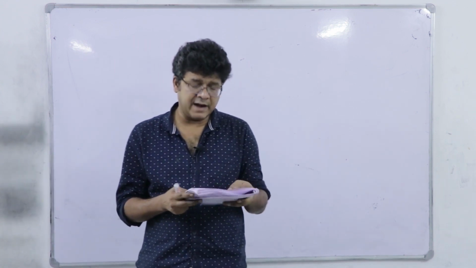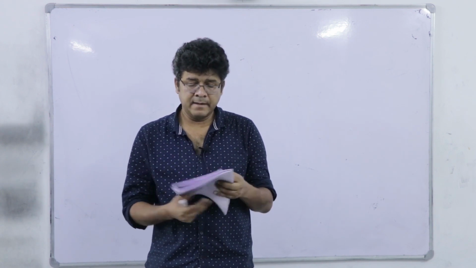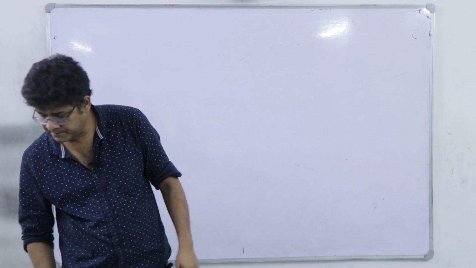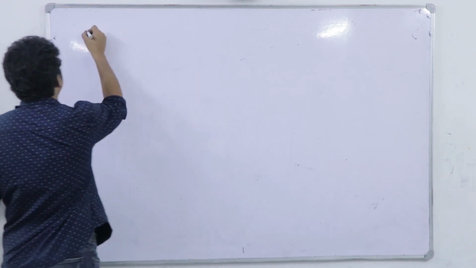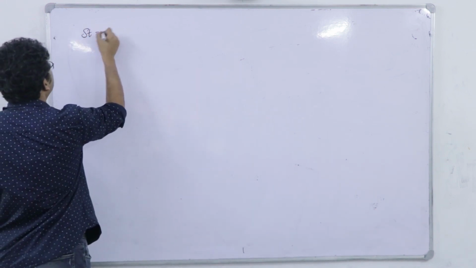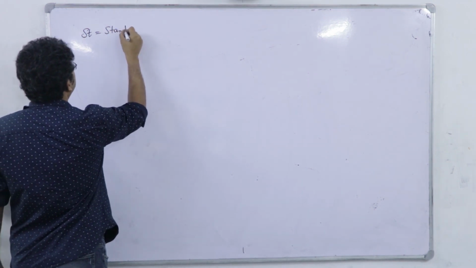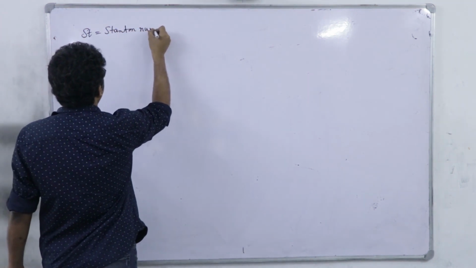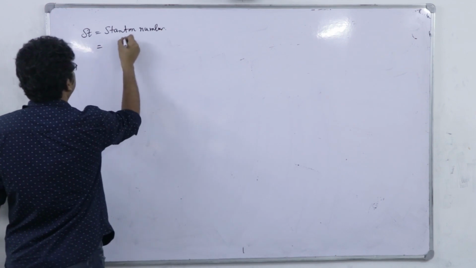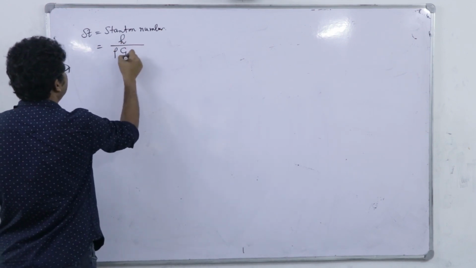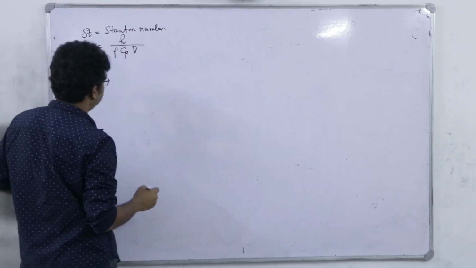Reynolds number we know, Prandtl number we have discussed. However, there are certain other numbers like the Stanton number, St, which is h divided by rho Cp V bar.